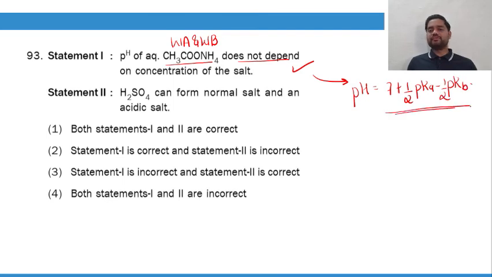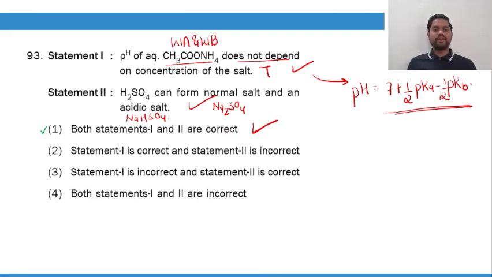So it does not depend upon the concentration. So that statement is true. H2SO4 can form normal salt as well as acidic salt. Yes, normal salt is Na2SO4. Acidic salt will be, if I am not mistaken, NaHSO4. So both statements are right, and hence option number 1 will be the right answer.